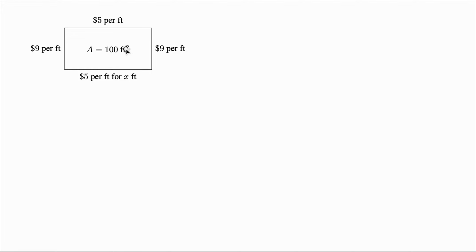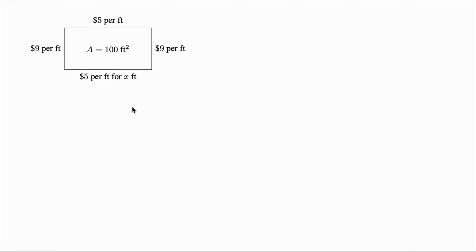So given that area, what should the dimensions be of maybe a fence or a boundary around that region so that it minimizes the cost of building it, if it costs $5 per foot on these lengths and $9 per foot on these lengths? Okay, so how are we going to do that?